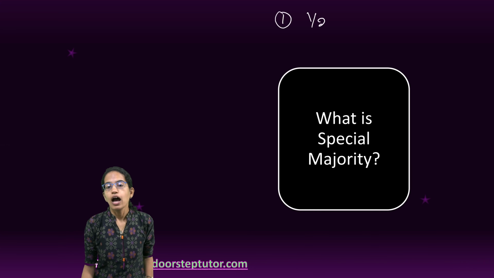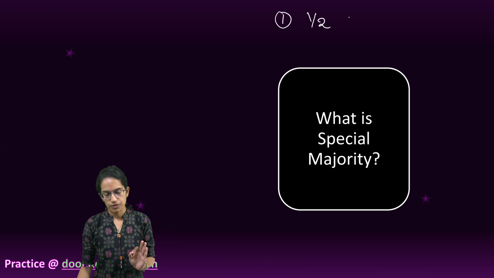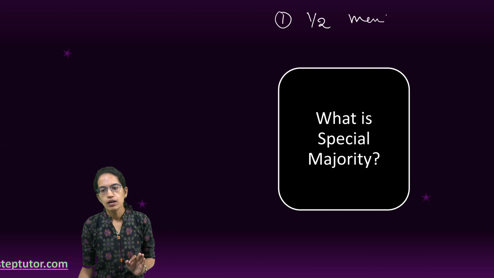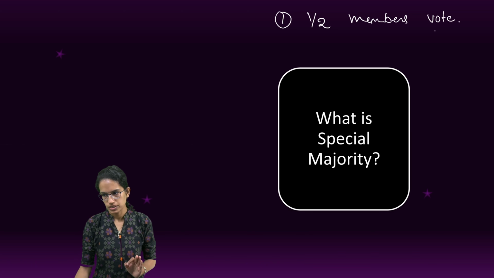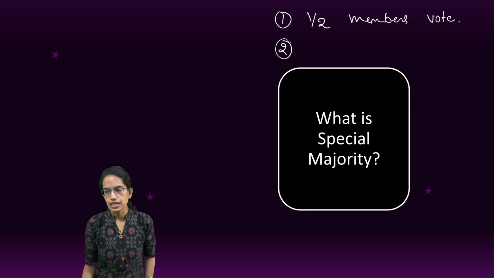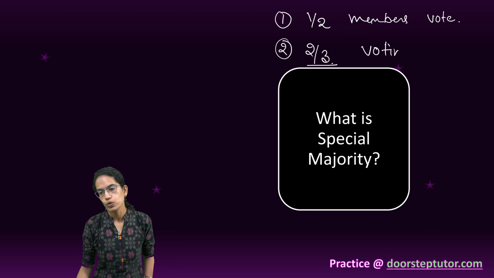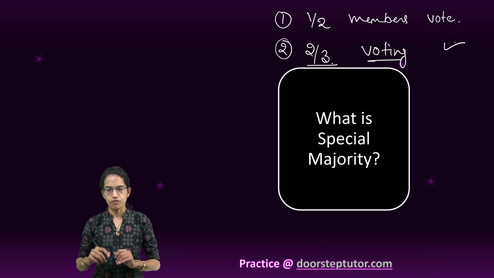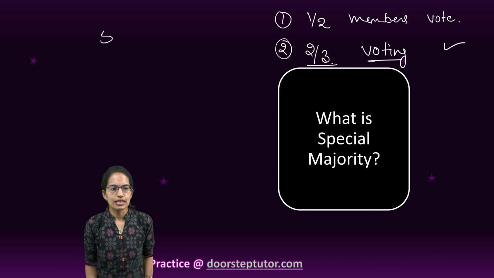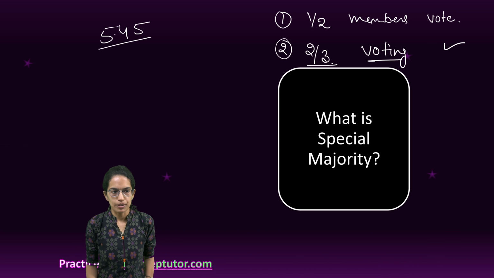One is half of the members must vote. That's the first thing. And the second is 2/3 who have taken part in the voting must vote in favor of it. That means, let's say there are 545 members.